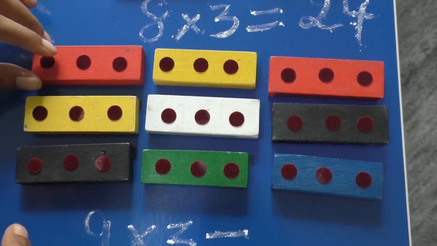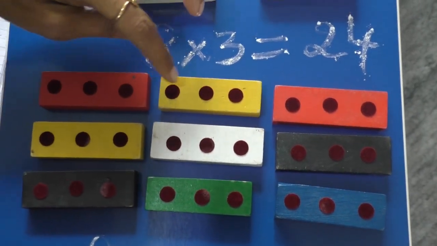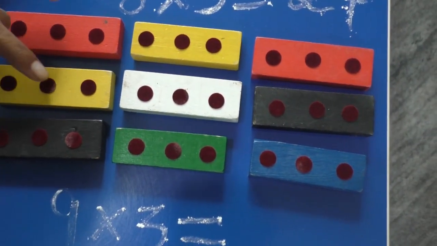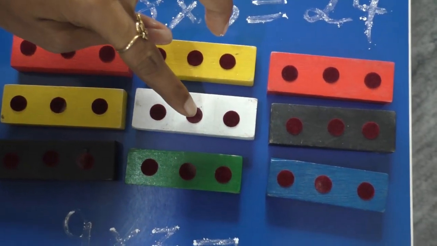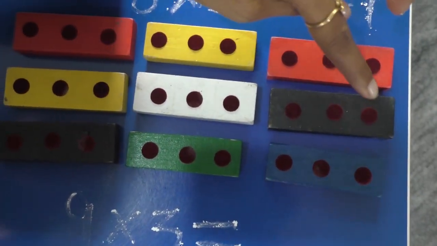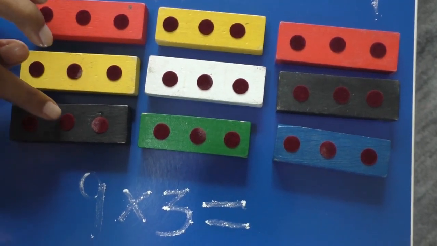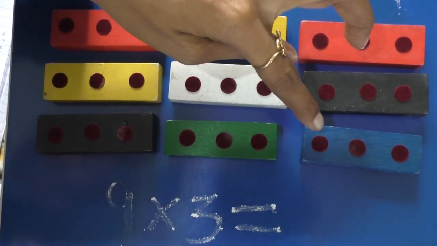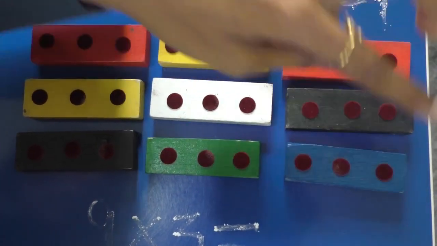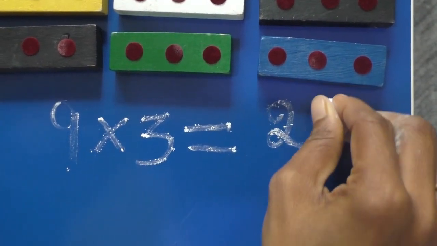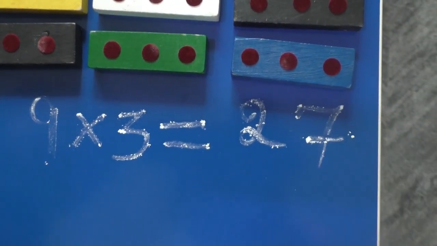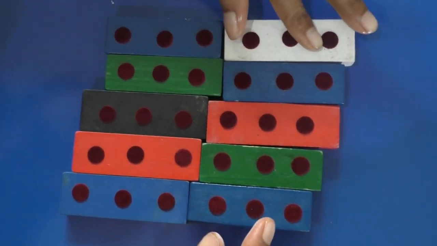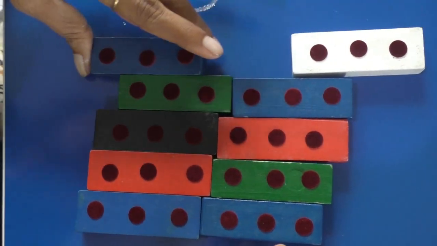Let's count. 1, 2, 3, 4, 5, 6, 7, 8, 9, 10, 11, 12, 13, 14, 15, 16, 17, 18, 19, 20, 21, 22, 23, 24, 25, 26 and 27. So it would be 27.